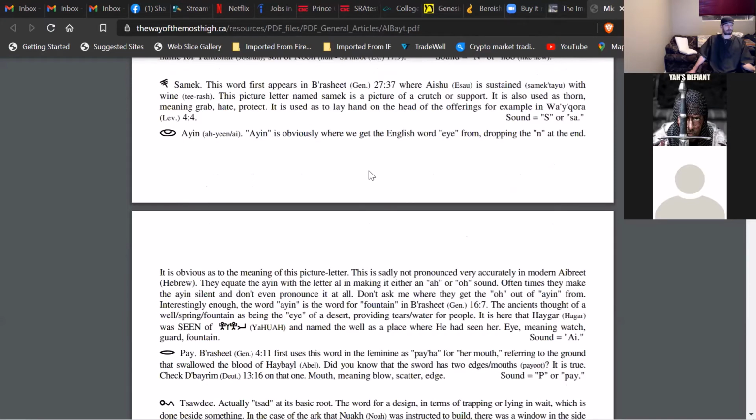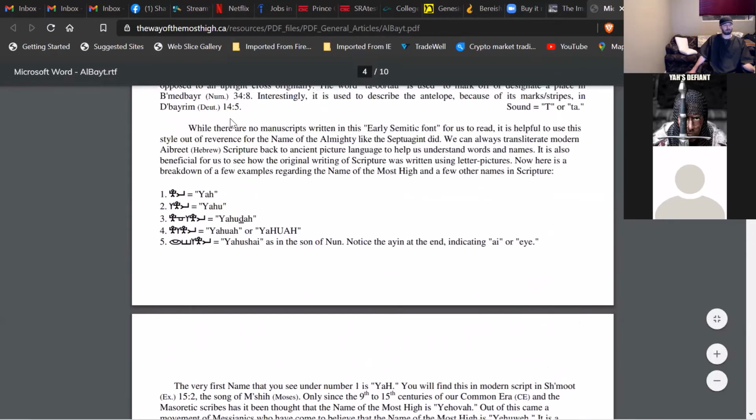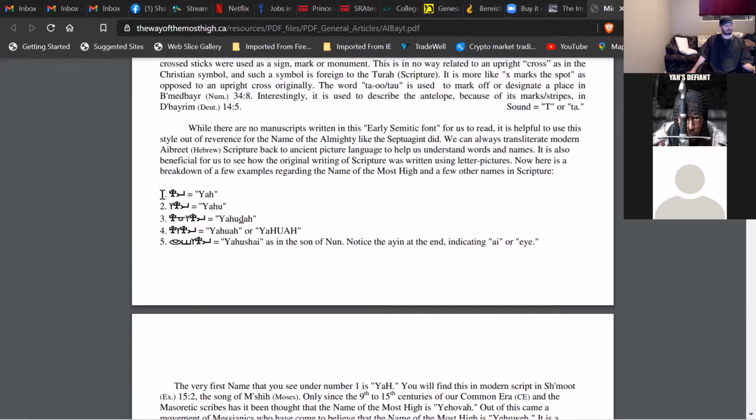So you continue down at the bottom there, we've got a breakdown of the father's name in connection to Yehuda. I gave one example for Yehushai as well, the son of Nun.